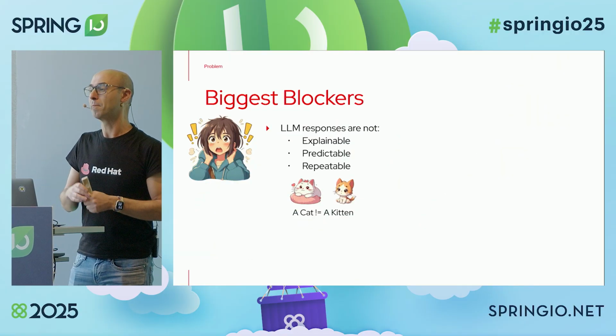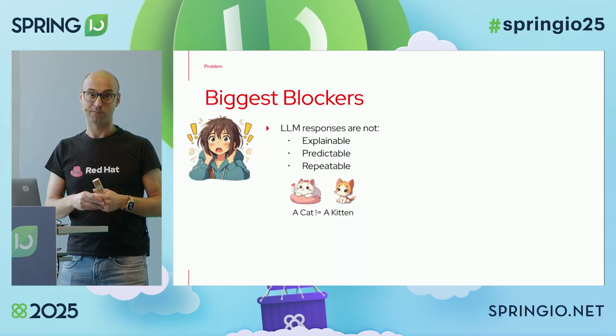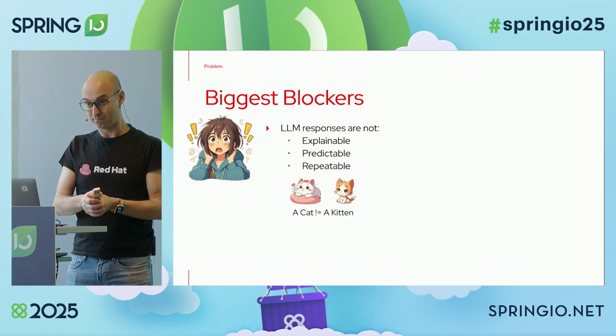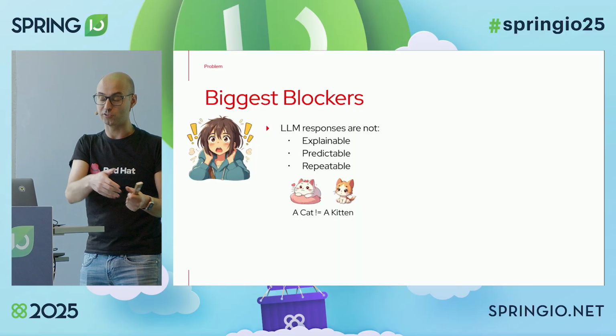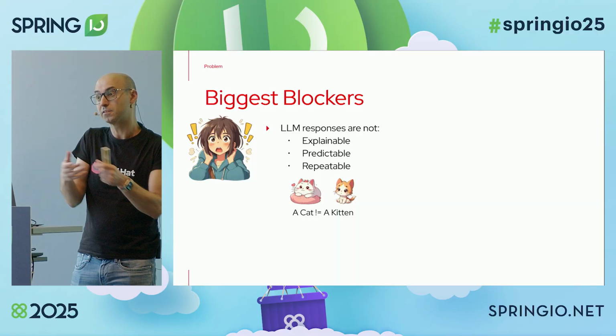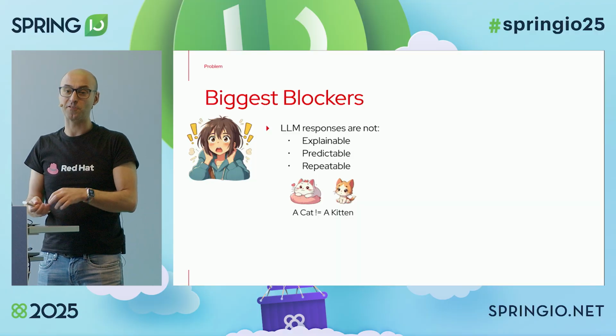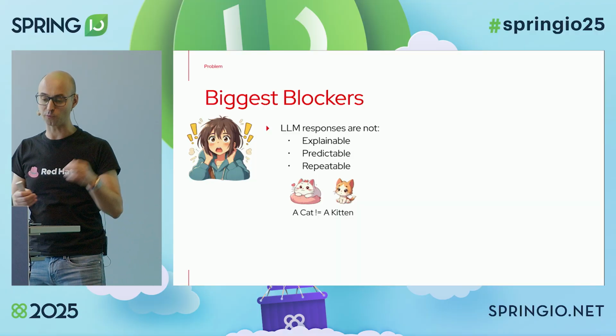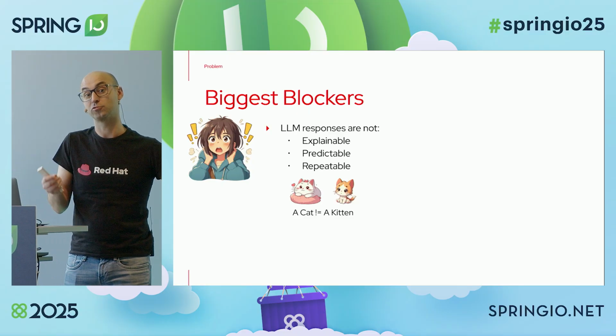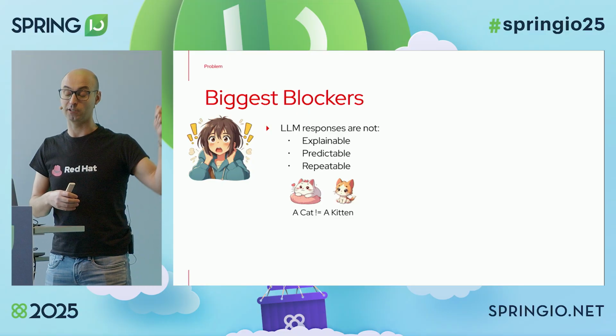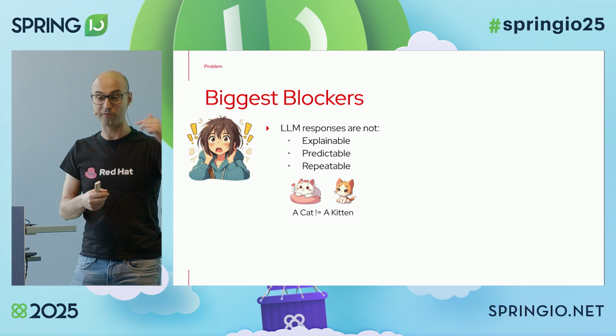So, what are the biggest blockers when we start developing applications that use an LLM in terms of testing? Well, I would say that there are two big challenges. The first one is that the LLM or Gen AI responses are not explainable, predictable, and repeatable.